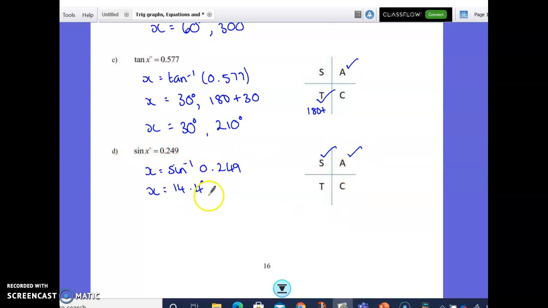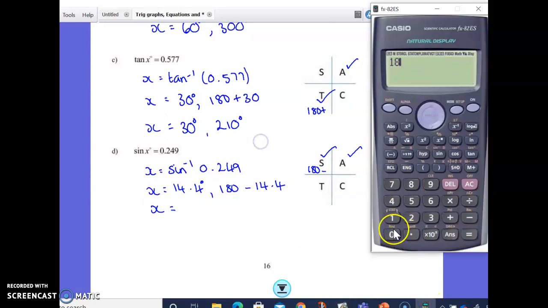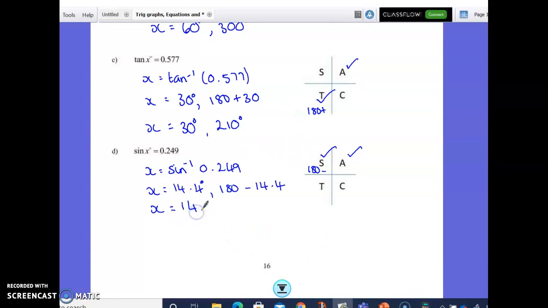So my second answer is in here. In here, I do 180 minus. So I'm going to do 180 minus 14.4. 165.6. So my 2 answers this time, 14.4 and 165.6.